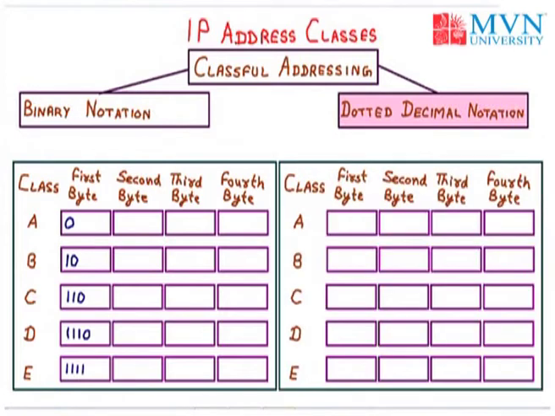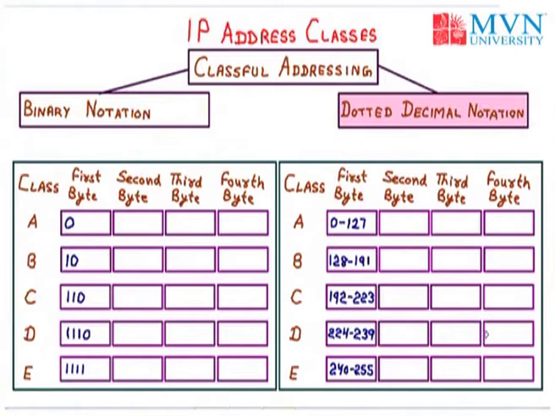The format is the same as the binary notation, but the first byte of the IP address will change. Whenever an IP is in the range 0 to 127, that is class A. If it is in the range 128 to 191, that is class B. If the IP is in the range 192 to 223, that is class C. The range of class D is 224 to 239, and if the IP is in the range 240 to 255, that is class E.